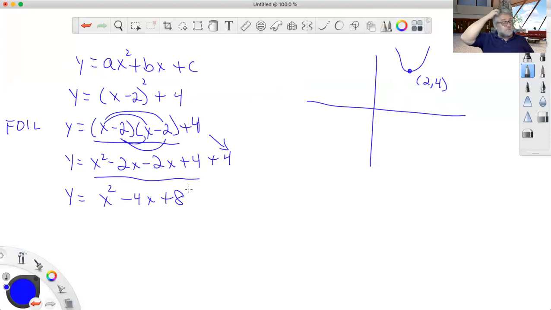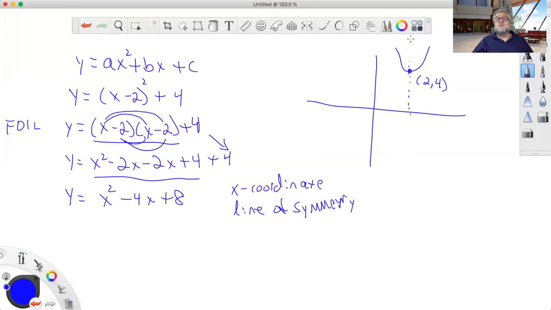Now, I can read the x-coordinate of the vertex right from this equation, because the x-coordinate is the same as the line of symmetry.